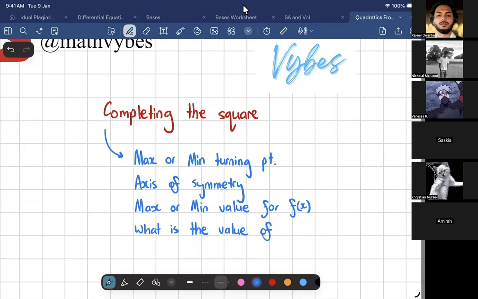Okay, cool. What is the value of x for which the maximum or minimum occurs? So generally speaking, completing the square is useful because it allows you to get these sets of information.